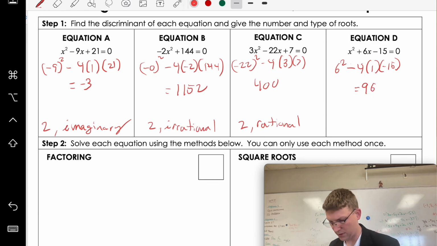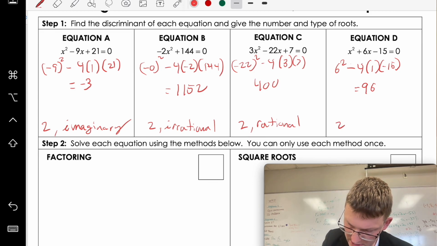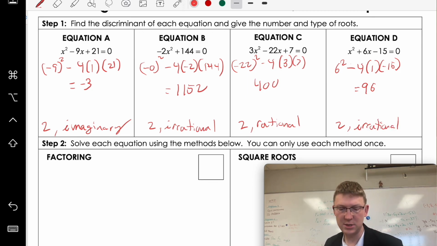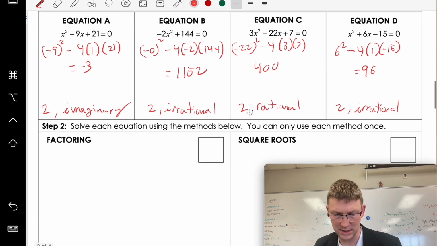Is that a perfect root? 96? Nope, didn't think so. So it's still going to be 2 solutions, and they're going to be irrational.